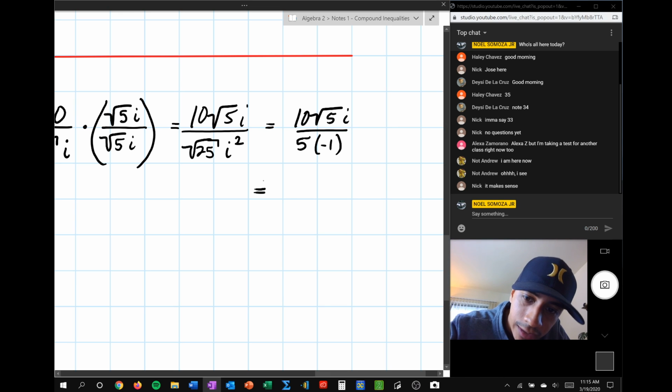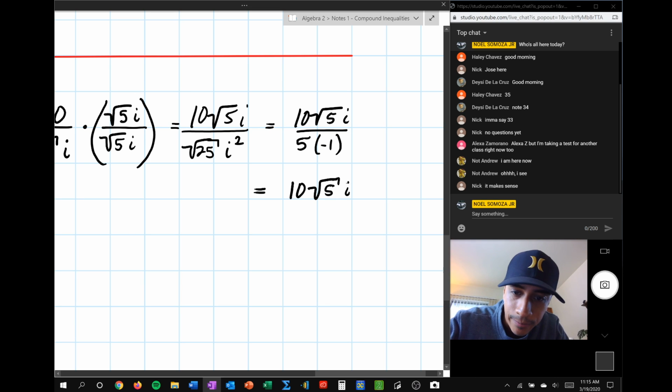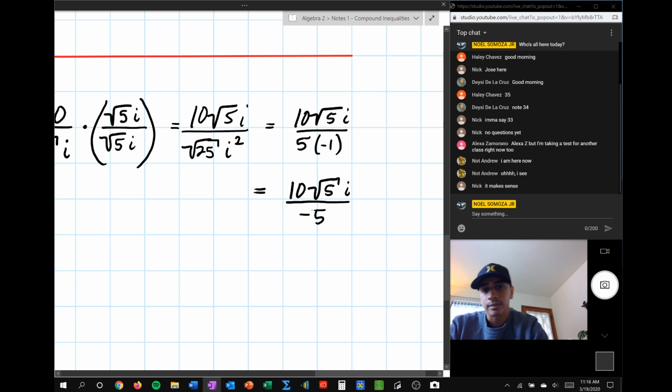So then finally here, let's clean up. We get 10 square root of 5 times i all over, this becomes negative 5. Well, now take a look. Remember that these are products. This is 10 times square root of 5 times i. So I can at least simplify the 10 with the 5 that's in the denominator.